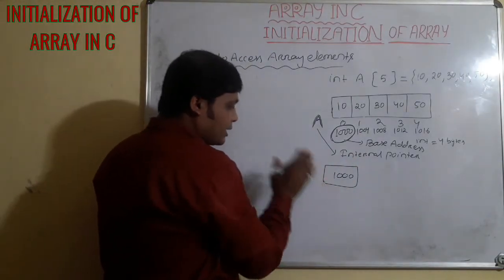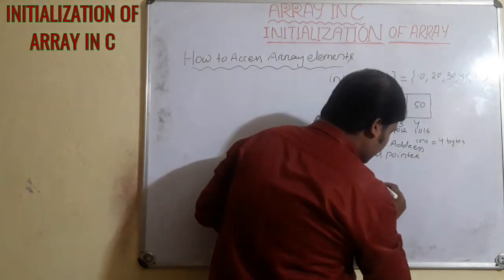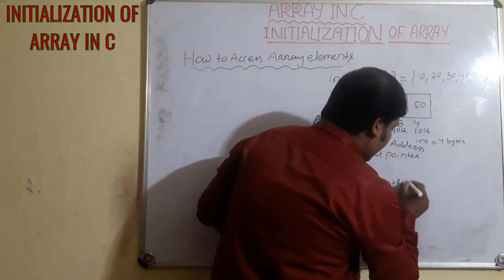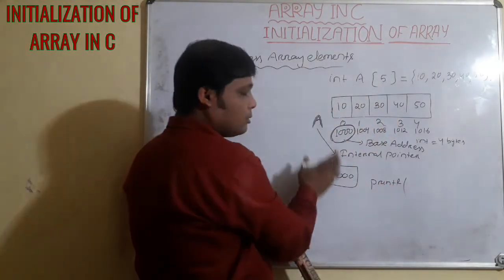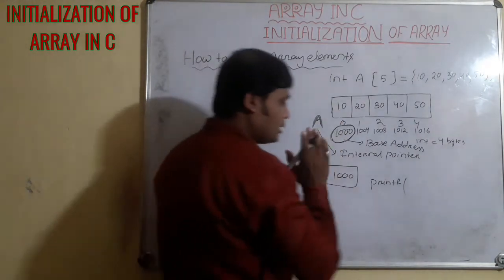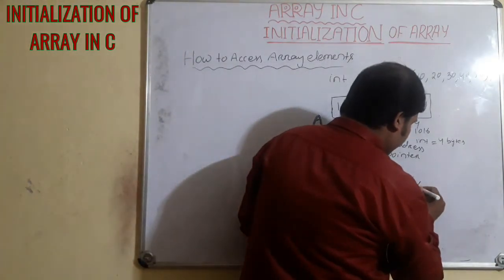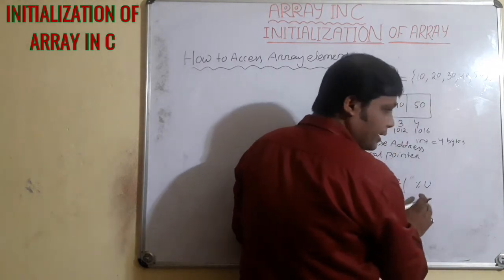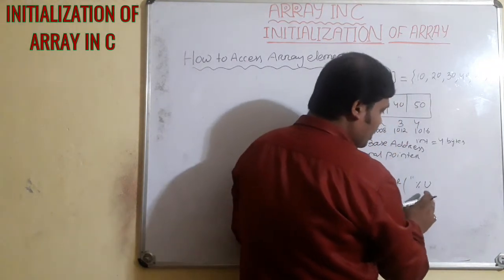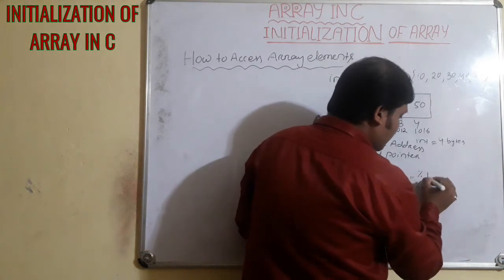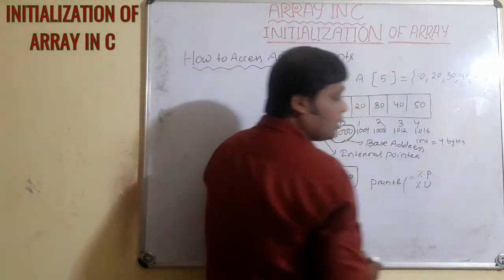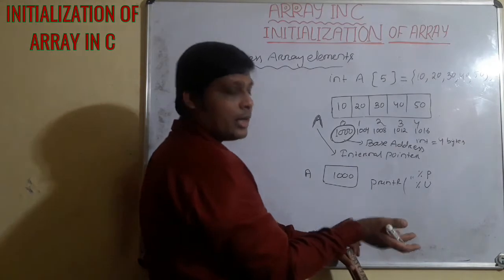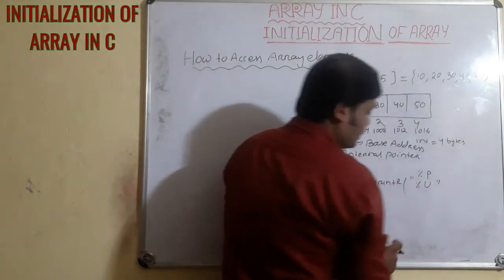You can just check, just print with printf whether it is the address of the first location or not. Use printf with percent u, unsigned integer, so that it will display in integer format. Otherwise you can take percent p to print the address in hexadecimal format.